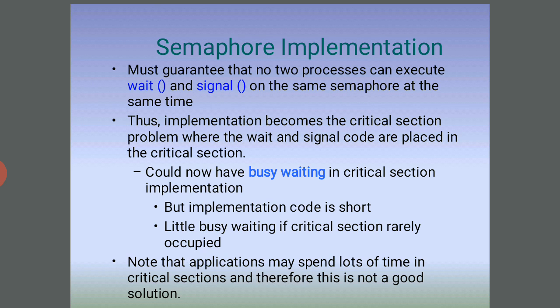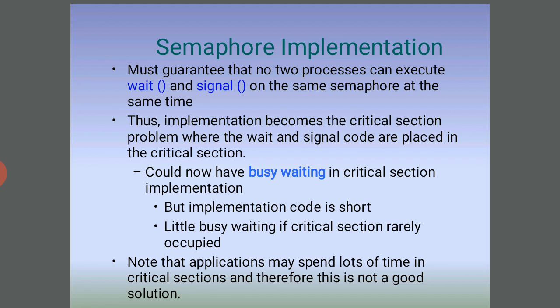So semaphore implementation: we must guarantee that no two processes can execute wait and signal on the same semaphore at the same time. Thus the implementation becomes the critical section problem, where the wait and signal code are placed in the critical section and could now have busy waiting in the critical section implementation.